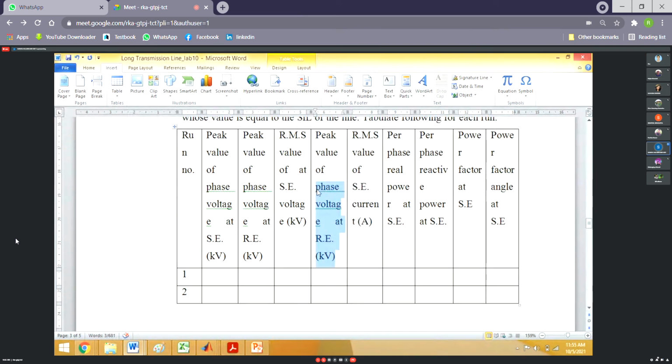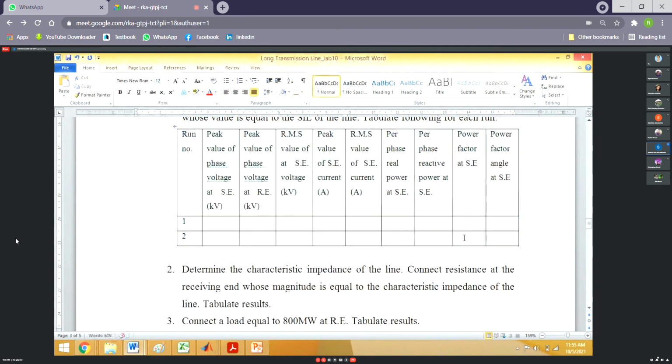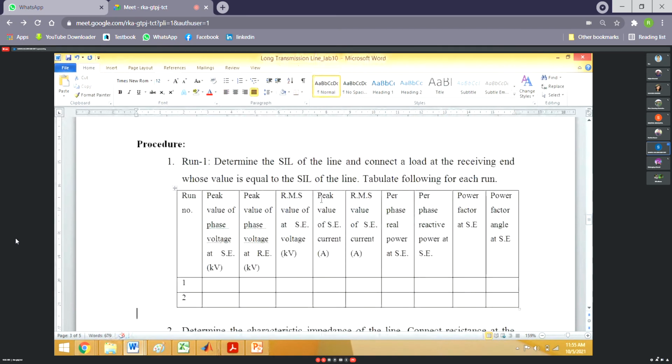So there will be one more column, peak value of sending end current. Understood? This I have inserted right now.